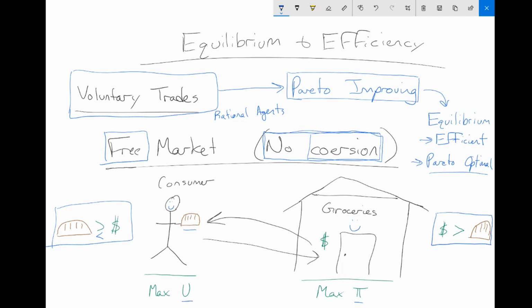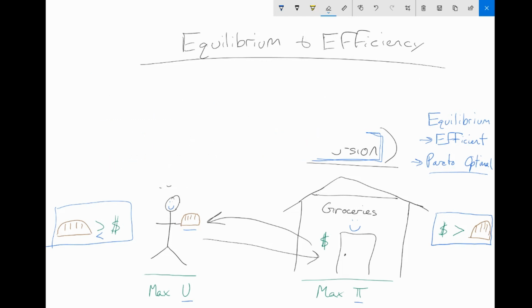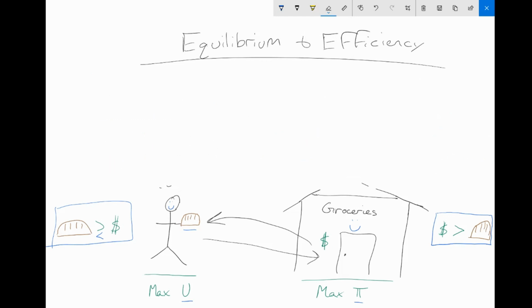The key insight from this discussion is that the free market, filled with voluntary exchanges, without coercion, will lead to an efficient equilibrium, an efficient outcome.